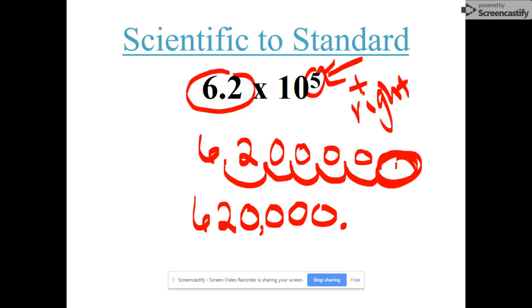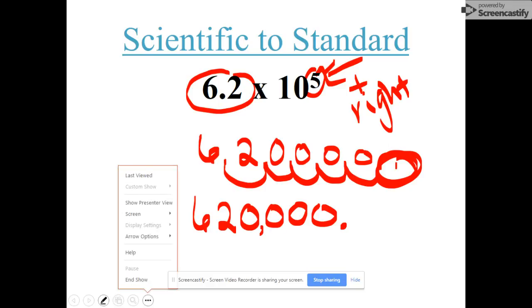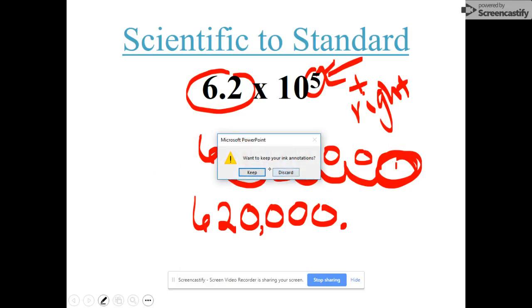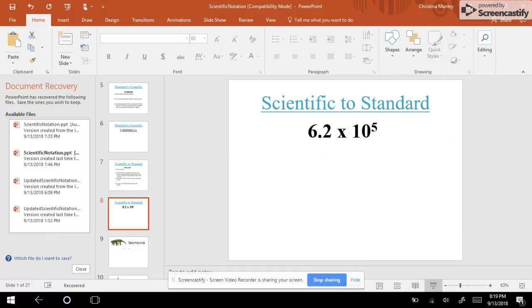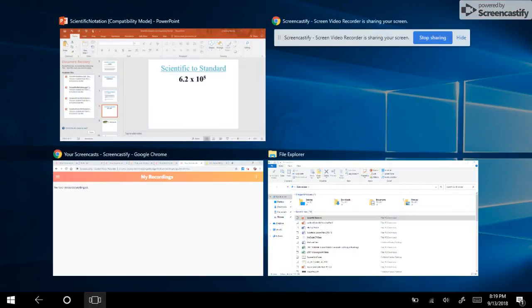At this point in the lesson, I would like you to go onto IXL and work on the IXL lesson for changing numbers from scientific notation to standard notation. When you go to IXL, you're going to go in through Student Resources, just like we always do.